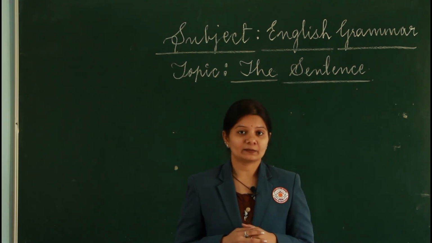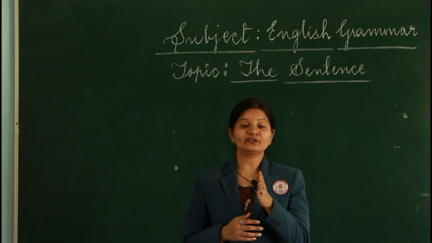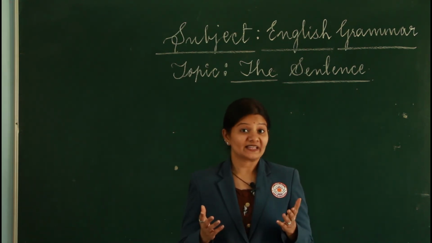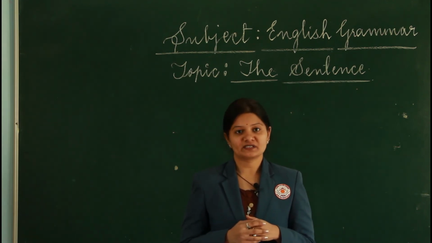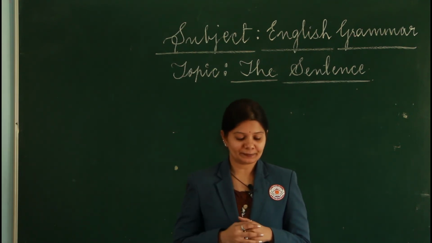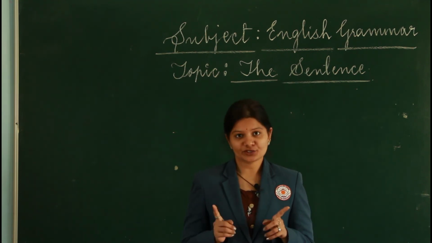Let's look at another example. He is the leader of the group. That's an affirmative sentence or assertive sentence. Let's look at an example for the negative one. Tomorrow is not a holiday.